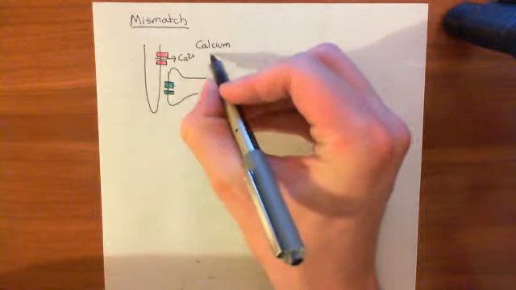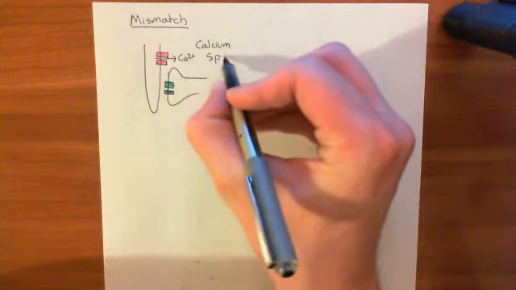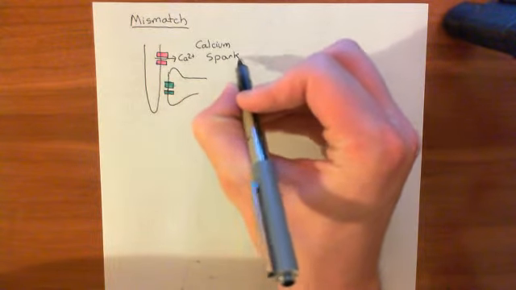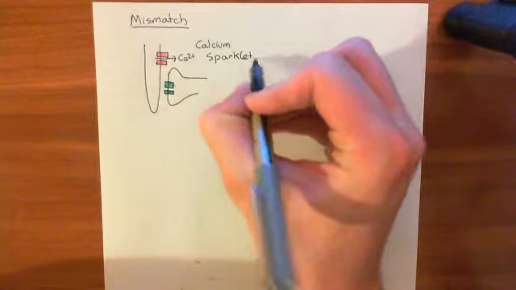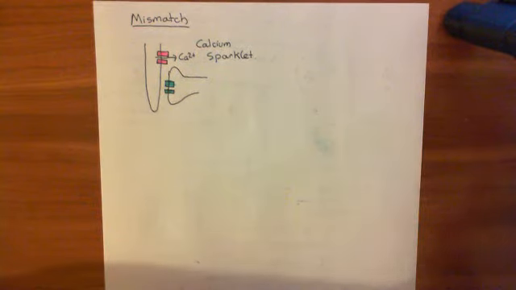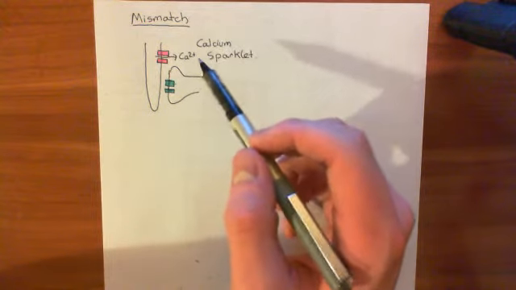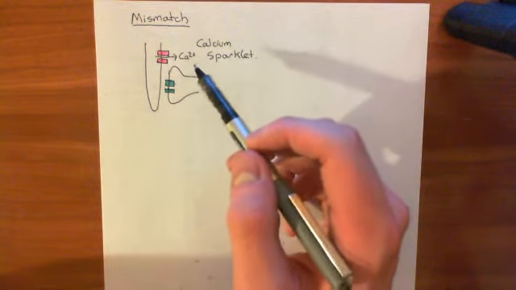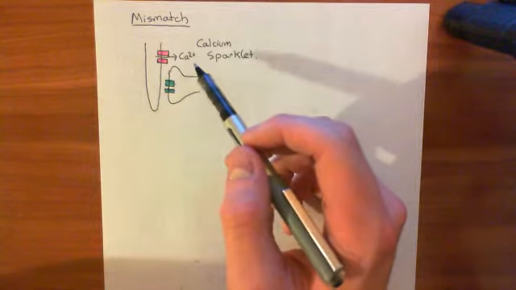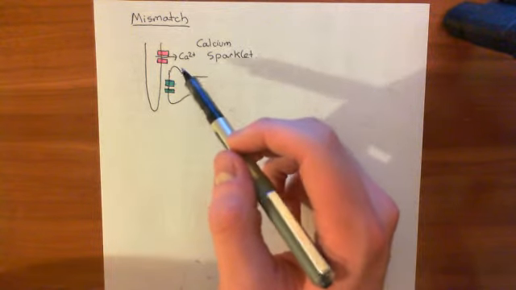And the calcium sparklet is trivial, basically. It's a tiny little amount of calcium. It's not going to contribute that much towards the calcium tide at all. So this would explain why the calcium tide in these hypertrophied cells was lower. Okay?